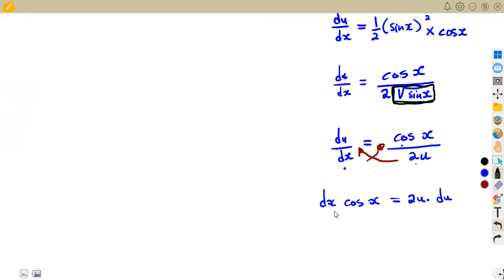So we can get rid of this by dividing by the cosine of x so that we remain with dx. So dx is going to be 2u du over the cosine of x. This is the expression for dx, which is fine.